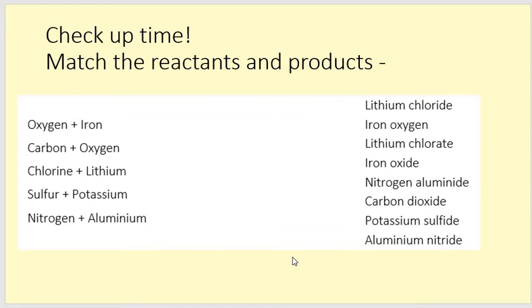That means I've put some extras in to try and catch you out, but I'm hoping that I don't. So you need to remember the three rules you've looked at, and you need to remember the endings for the second element. All you need to do is copy that column out and draw lines to show which ones go together. You should have three in this column that do not have a line. You will only have five lines. You will have three left out. You will need to pause the video while you do it.